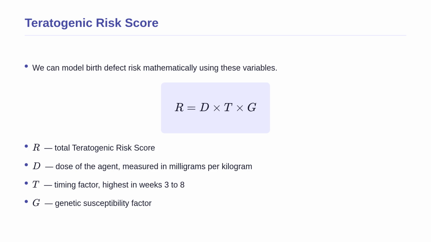T represents the timing factor, which is a numerical multiplier that is highest during the critical embryonic period. Finally, G represents the genetic susceptibility factor, a baseline multiplier unique to each individual. If the dose increases, the overall risk increases proportionally. However, if the exposure happens outside the critical window, a low timing value can keep the total risk relatively small.